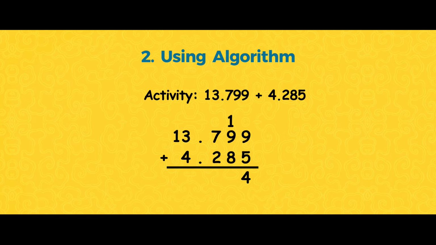18. And then here again it is a 2-digit number. So you just keep the 8 hundredths in its place value in its column, and then take the 1 to the tenths place.